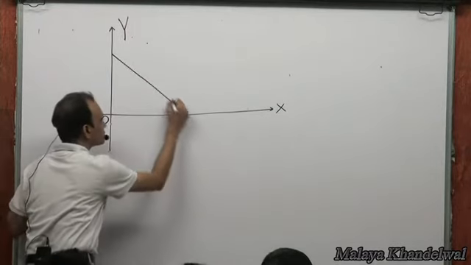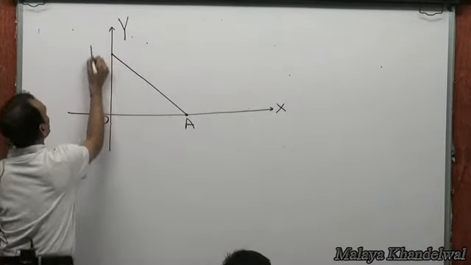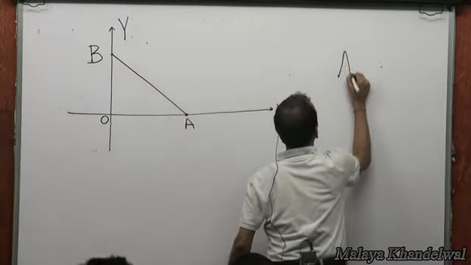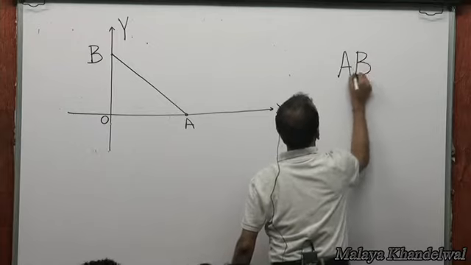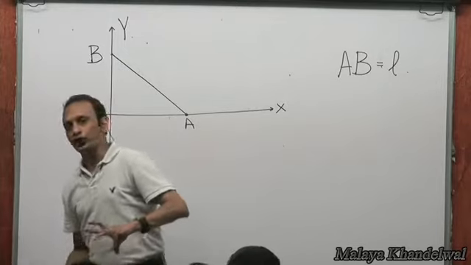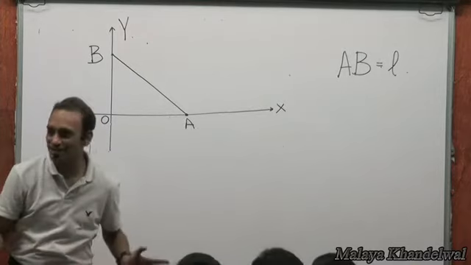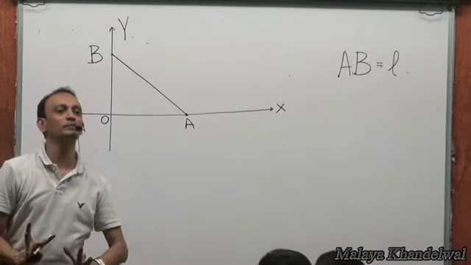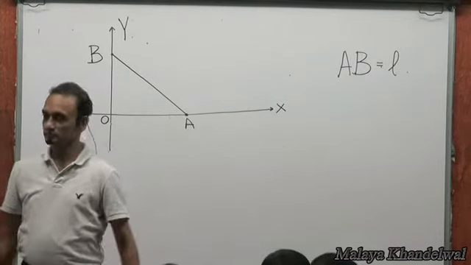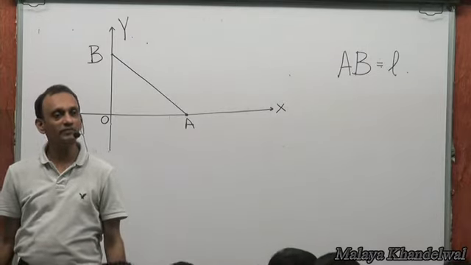There is a ladder AB. Say the ladder AB is of length L. We will assume the ladder is not made of rubber or foam, where its length could vary. For all practical purposes, we assume that the length of the ladder remains the same. Carbon fiber.